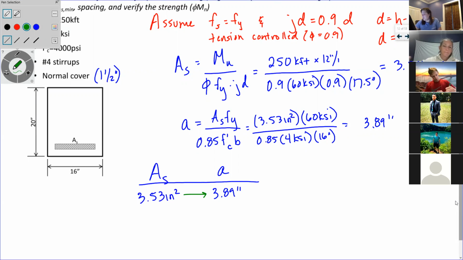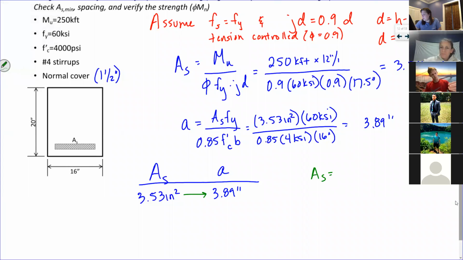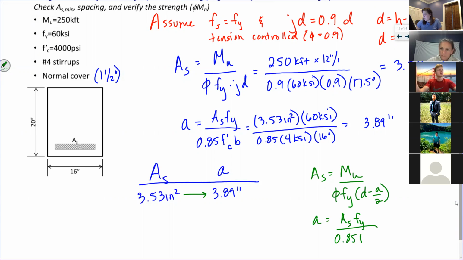Now I'm going to use the equation As equals Mu over phi fy (d minus a over 2), and the same a equation, a equals As fy over 0.85 f prime c b. So if I have an a of 3.89 inches, I use that first equation to calculate an As.